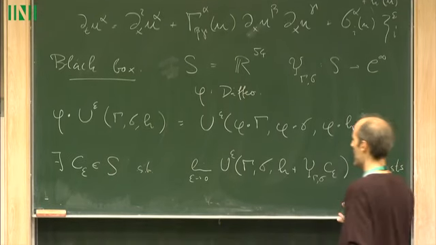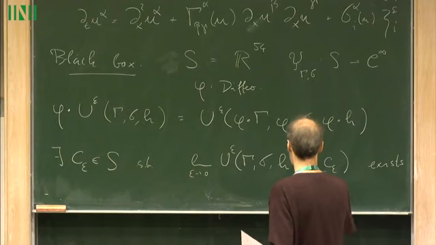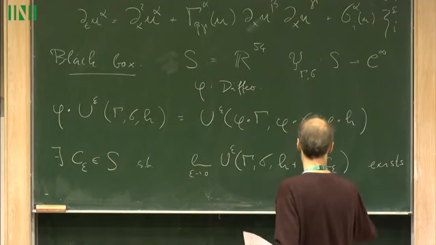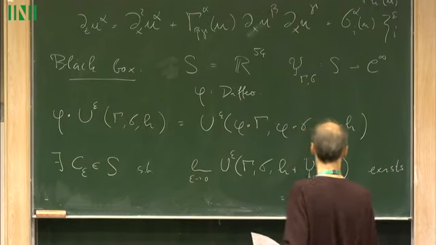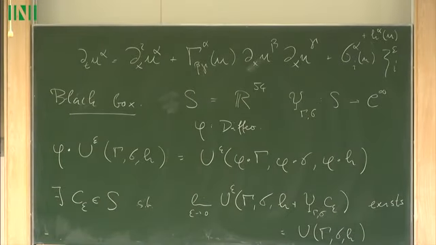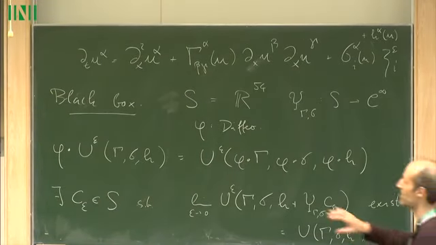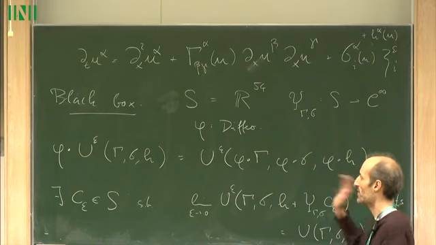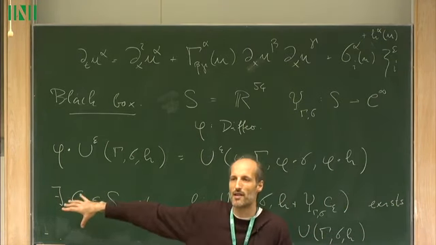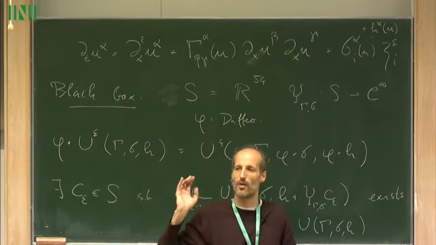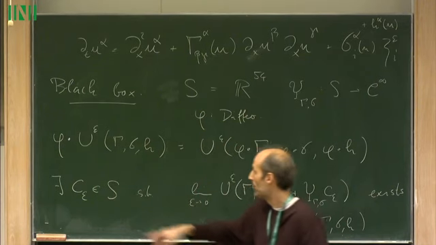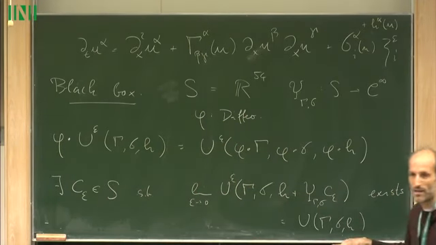So let's give it a name: this is U of gamma, sigma, H. So that's by now a black box theorem that just tells you it's possible to find these constants. There's more or less an explicit formula for them, so that this limit exists.